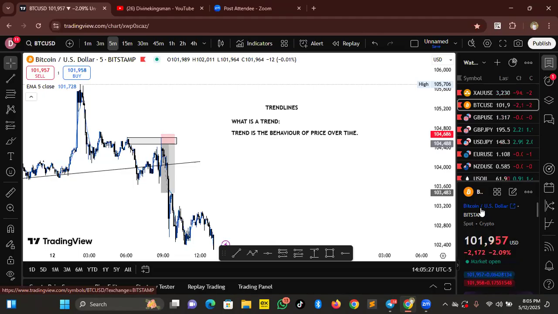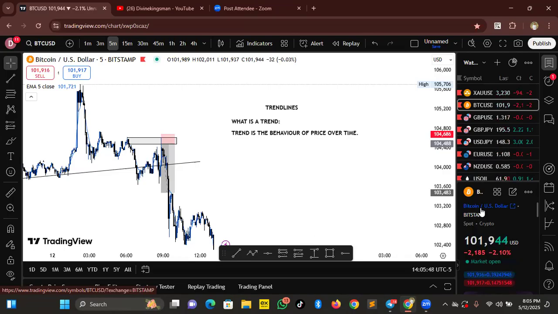You can simply classify trend lines as you marking out points or lines based on the behavior of price, based on the trend.